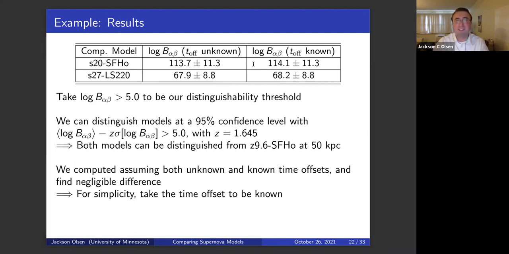The difference is on the order of less than 1%. So for the sake of my computational time going forward, I'm just going to assume that we know the time offset. Again, unrealistic. In the event of an actual supernova detection, we would do the big fitting procedure, but just as an approximation, we'll assume it's known.